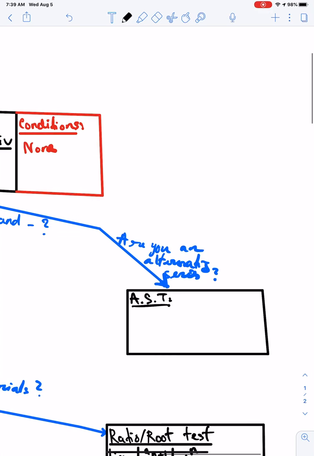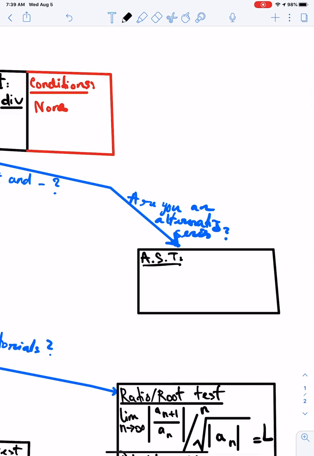Well, let me bake the condition into this one as well. So I need all of the terms to be decreasing, right? The absolute value. I need the limit as n approaching infinity of a_n to be equal to 0. So if we have these two conditions, then, well, my alternating series is convergent. So pretty weak condition. Convergent.